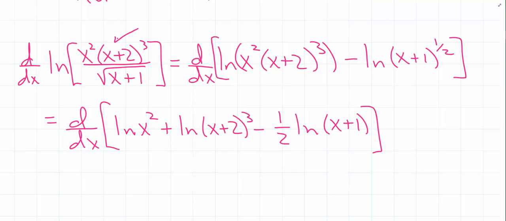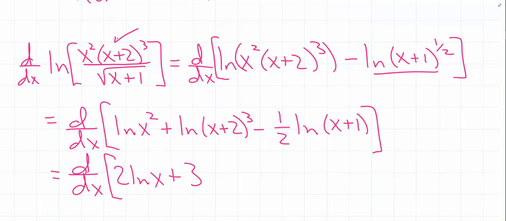Now we can go further because notice on this one I brought the exponent out front. I can do the same thing here. I can say, okay, let's see what we've got: 2 log x plus 3 log of (x plus 2) minus 1/2 log of (x plus 1).